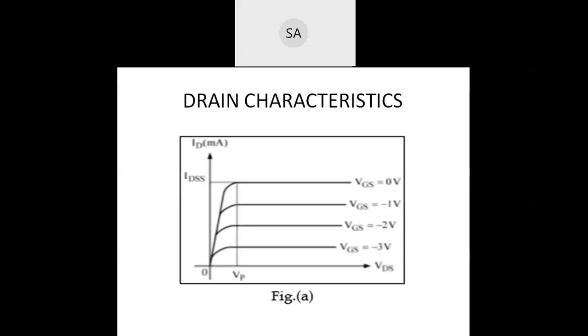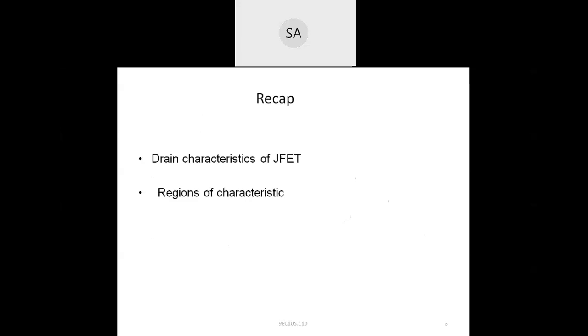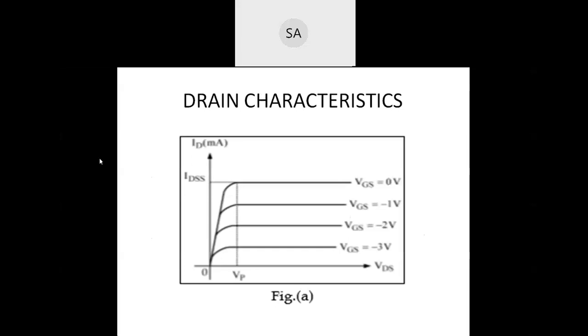This is the drain characteristics of the JFET. It consists of 4 regions: ohmic region, pinch-off region, breakdown region and cutoff region. The ohmic region is from 0 to the maximum point of IDSS.